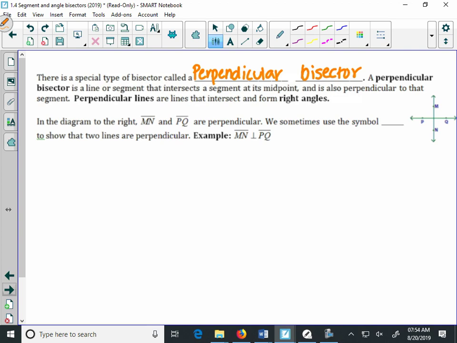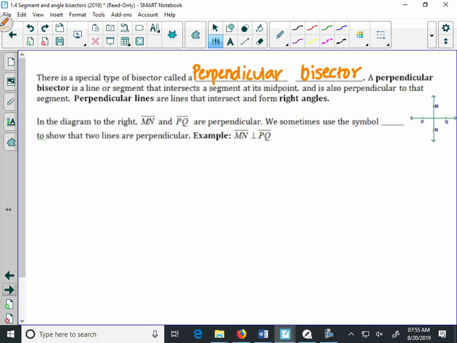A perpendicular bisector is a line or segment that intersects a segment at its midpoint, so it's bisecting it, but it's also perpendicular to that segment. And when lines are perpendicular, they form right angles. They intersect so that right angles are formed. So a perpendicular bisector cuts a segment in half, but it's also creating right angles at the same time.